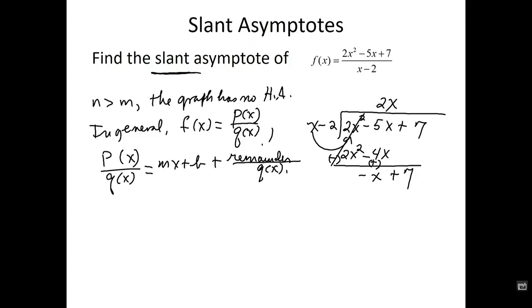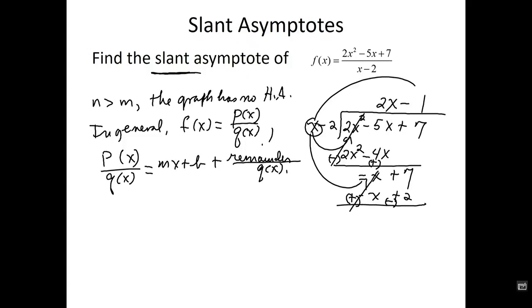And we see that x divided into negative x is negative 1. 1 times x is negative x, and 1 times negative 2 is a positive 2. Draw your line, subtract. These cancel.